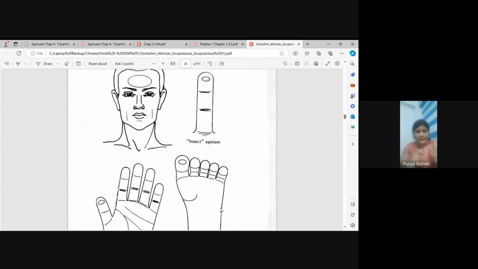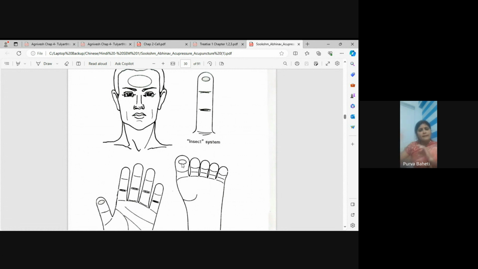I must tell you, the way we have everything in our palm, in the same way we have everything on our foot also. In our legs, within our foot also, we have 5 toes. And one more thing I must tell you is, if you are treating something above the diaphragm, use your palms. If you are treating something below your diaphragm, use your feet.